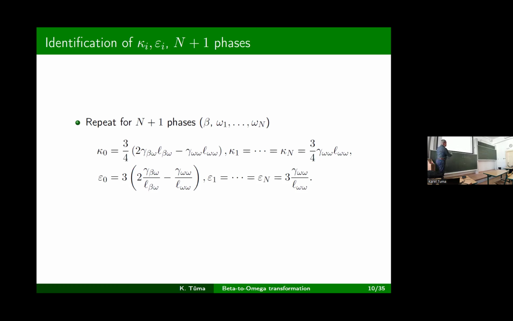Otherwise, it is not possible to solve the system of algebraic equations to get the relation between kappas, epsilons, and the real physical material parameters. This is important for us because from some measurements we can know or at least well estimate the values of gammas and L's.